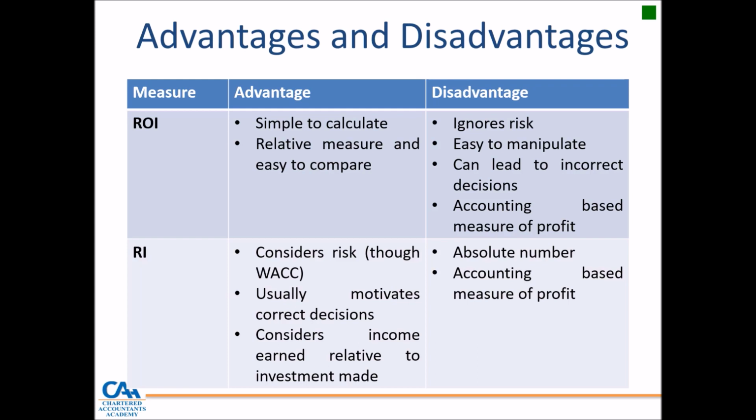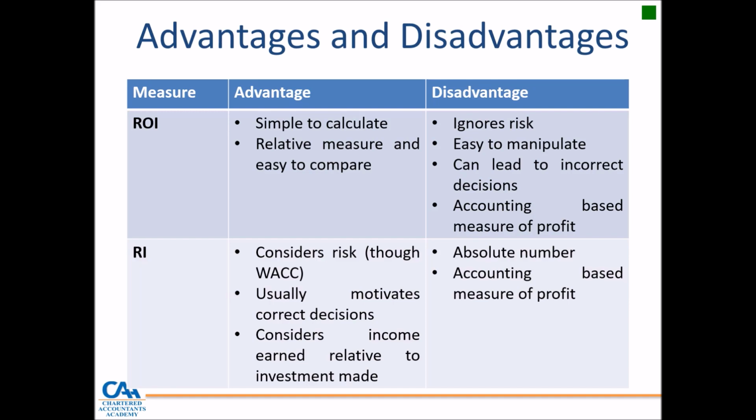So this sums up the advantages and disadvantages of return on investment and residual income. Now let's discuss further into how they tie into the net present value. So net present value, again, it is not a new concept, as you have covered net present value from your previous studies.